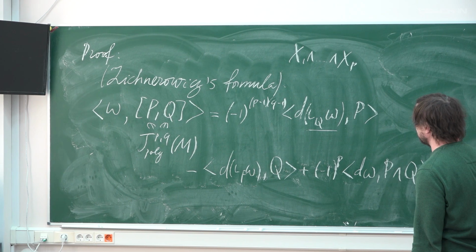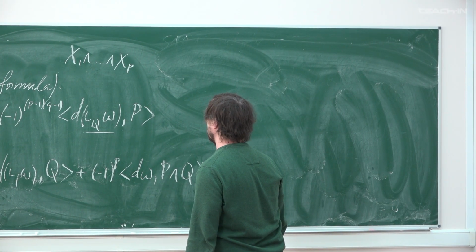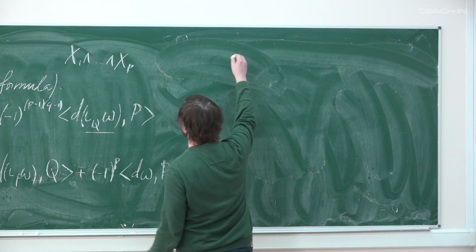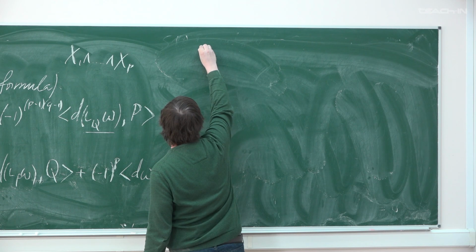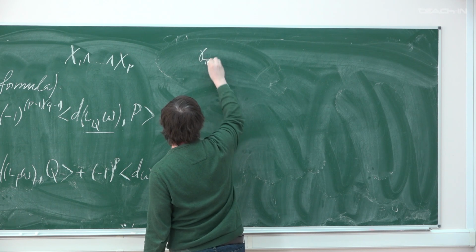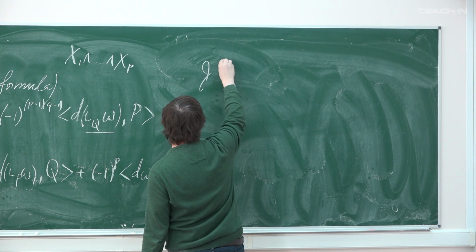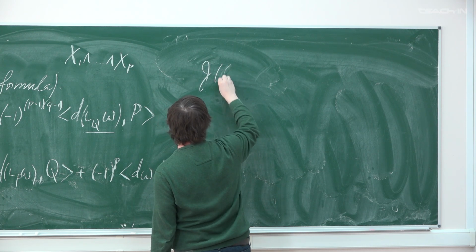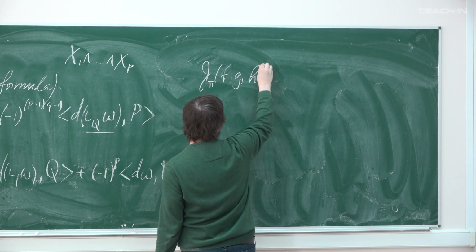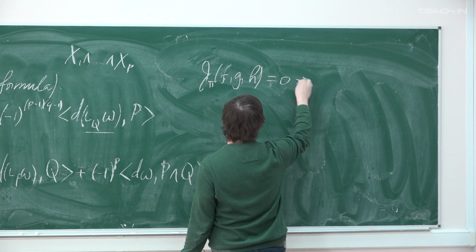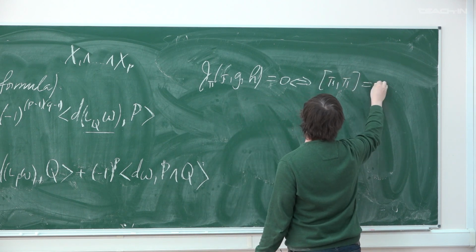Suppose we want to prove that gamma sub pi, so the cobidentity, the cobidentity of f, g, h sub pi is equal to 0 if and only if pi comma pi is equal to 0, right?